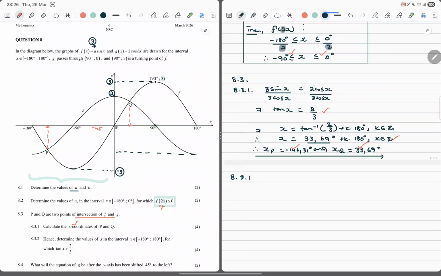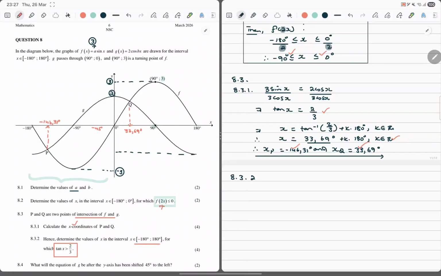This is 8.3.2. So we know that we're looking at minus 146.31 degrees, and this is 33.69 degrees. Okay. 8.3.2 says, hence determine the values of x in the interval -180 to 180, for which tan of x is greater than 2/3.